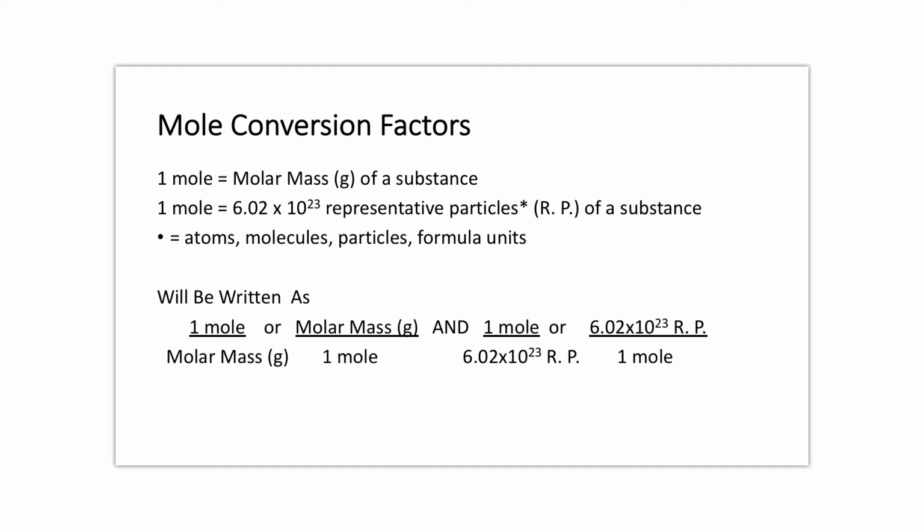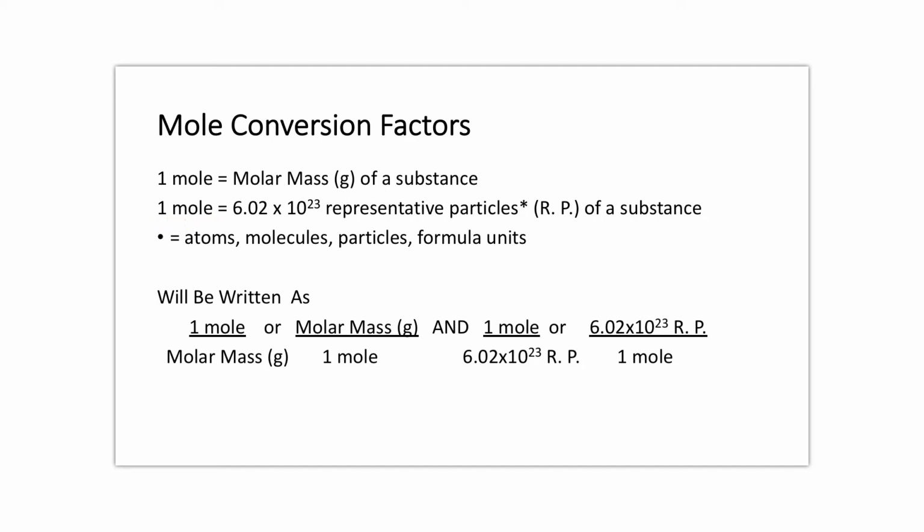Okay, for chem, we are going to only have a couple of conversion factors that we care about in these chapters. One is, remember, everything's based on the mole. So the mole is equal to the molar mass of something in grams. So whatever the molar mass is of, let's say, hydrogen chloride, if I weigh out that many grams of it, I get 1 mole.